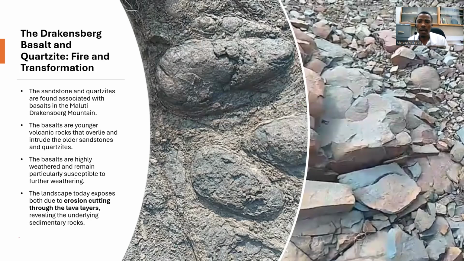These basalts or lavas were not emplaced all at once. People thought this happened all at once. No, it kept on happening. The lava kept on extruding. So we are not surprised when we see the basalts associated with sandstones, but the baking caused the quartzites.